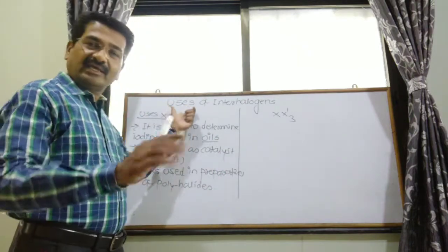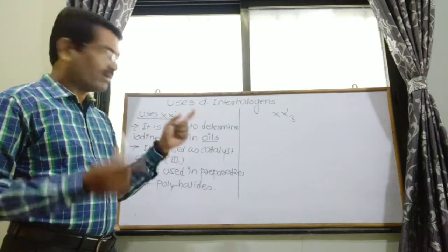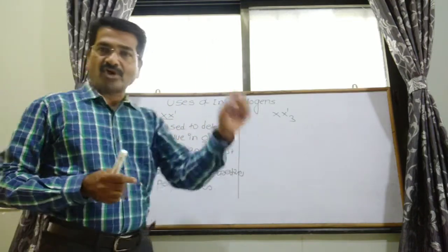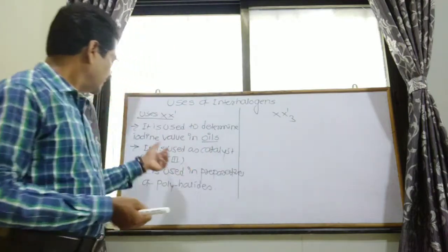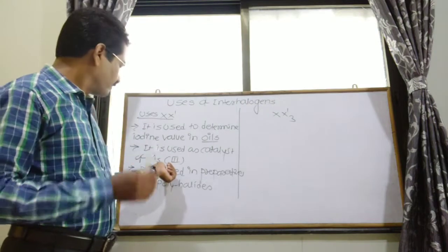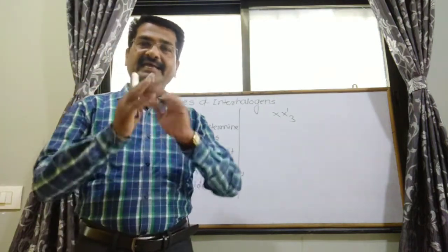So these are the 3 uses of XX'. First, it is used to determine iodine value of oils. Second, it is used as a catalyst for arsenic. Third, it is used in preparation of polyhalides.